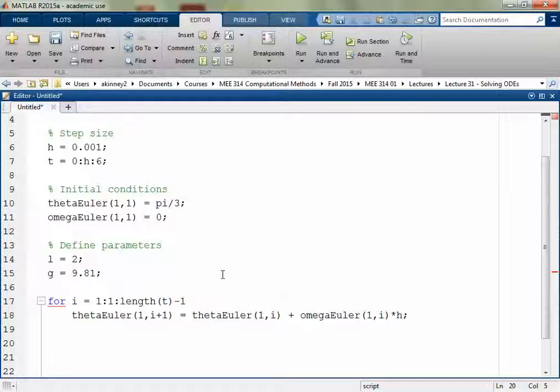Then inside the very same for loop, I want to put my second Euler equation because I want to solve these all at the same time. So I'm going to put them both in the same for loop.